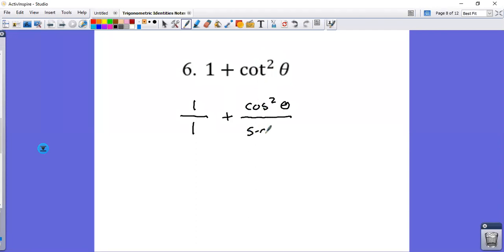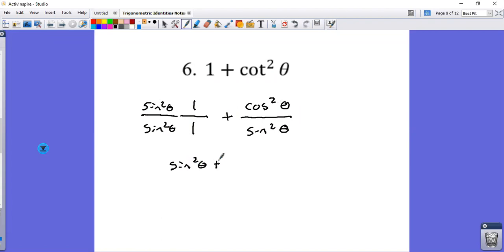To be able to add these two together, I need common denominators. So this is missing a sine squared. So if I do a sine squared on the bottom, I have to do sine squared on the top. Now they would be the same, so I'd add them together.